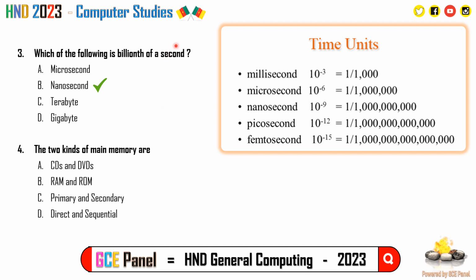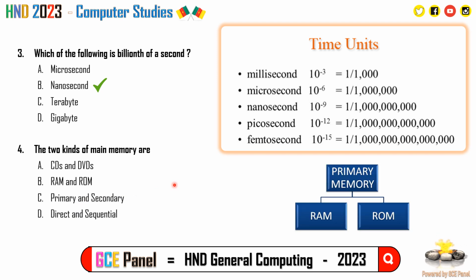Another name for main memory is primary memory. What is RAM? Random access memory, while ROM is read-only memory. This C part is just to confuse you because main memory means primary memory. So that's why the key here is actually B.